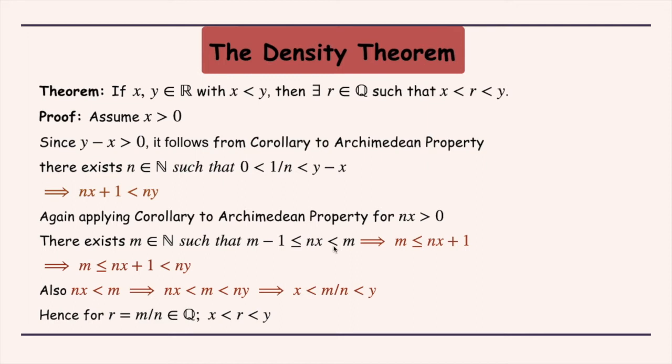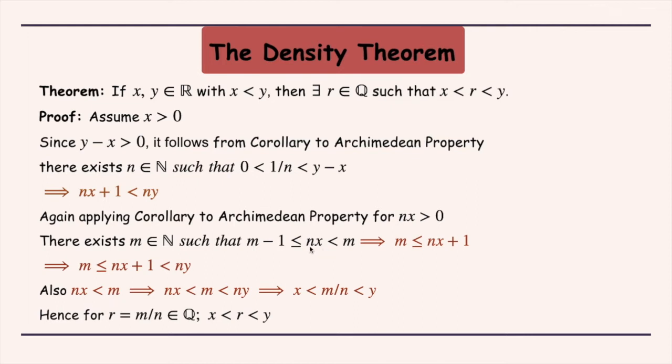Now, combining these two results, we can say that m is less than or equal to nx plus 1, and from here we can further say nx plus 1 is less than ny. Now, let us go back to this inequality again and use the other part of the inequality, and we will get that nx is less than m.